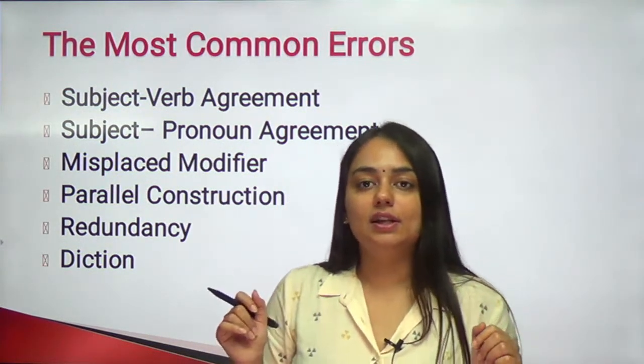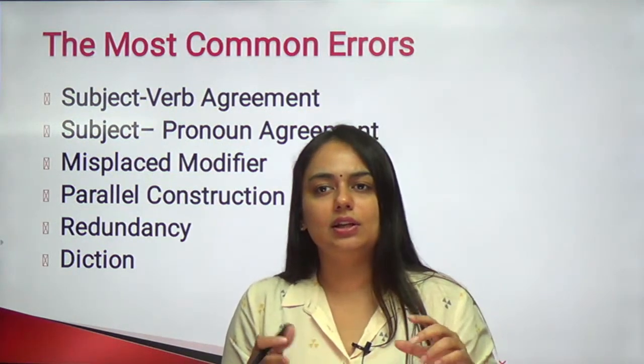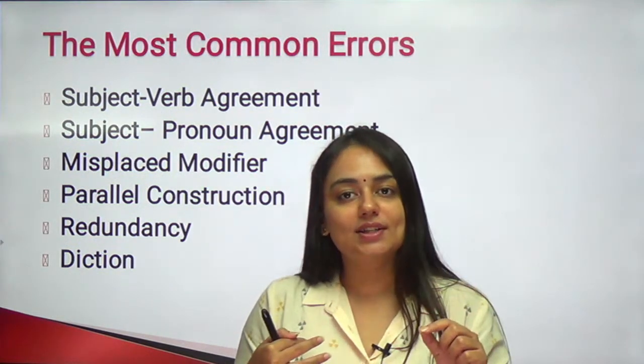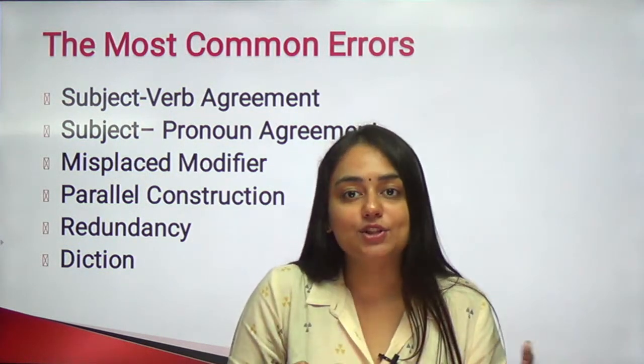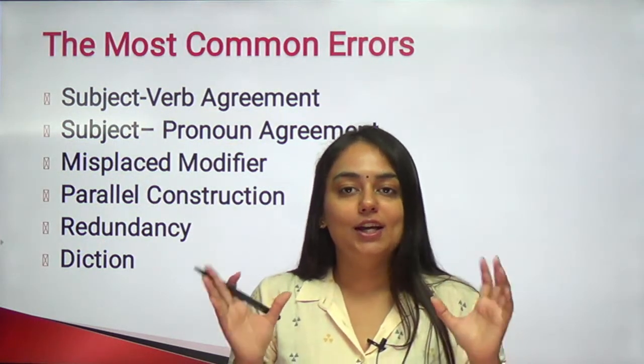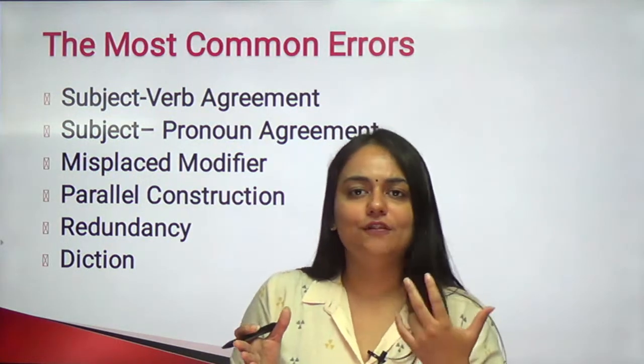The rest of the parts of speech, like adverbs or adjectives, what is their role? They are used in a sentence to modify something else, to tell about the quality of something else. Standalone, they don't have a role. So they are there to modify something else, and that is the reason we call them modifiers.